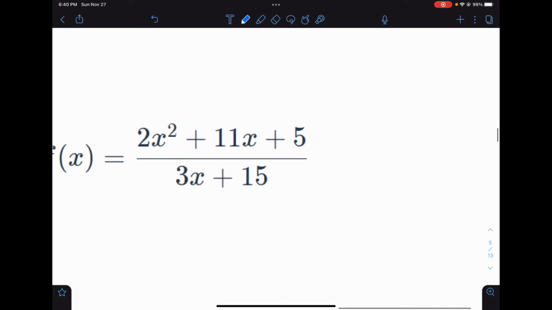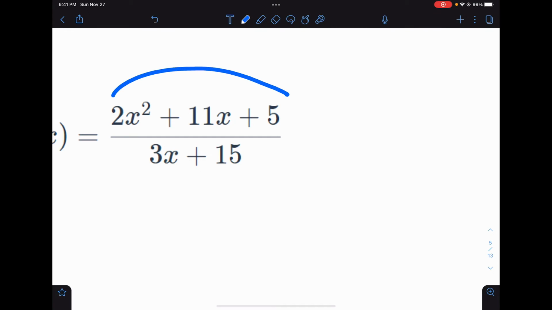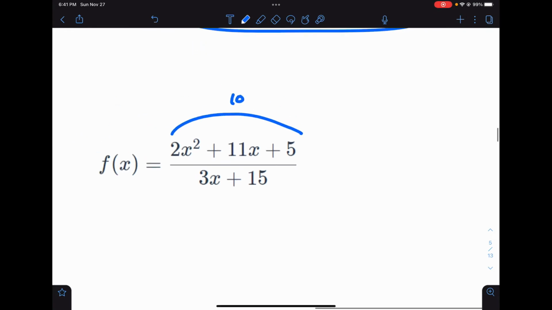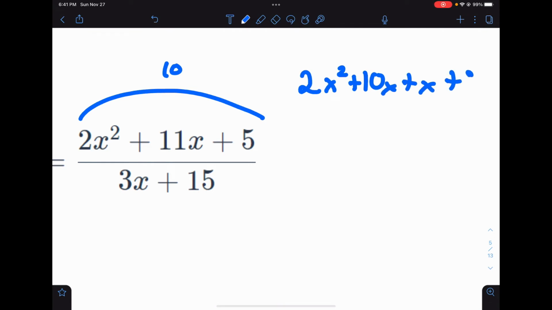Again, we got to factor our numerator here. So we look and we say, okay, can we take out a GCF? Unfortunately, we cannot. So we're going to go ahead and do our AC factoring method. We get 10. So we need to figure out what multiplies to 10, adds to 11. That's going to be nice and easy. So we do 2x squared plus 10x plus x plus 5.